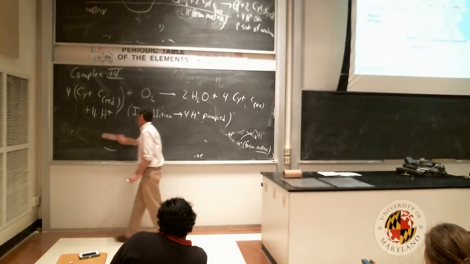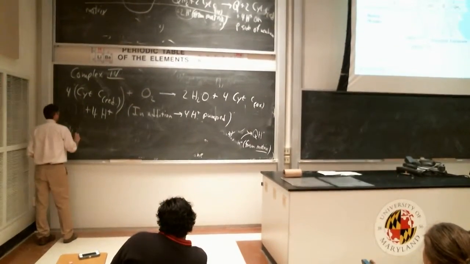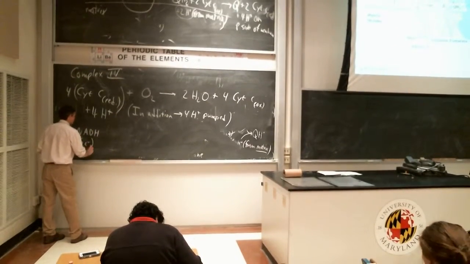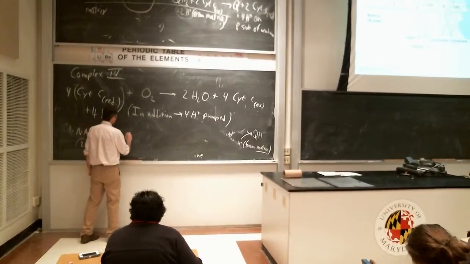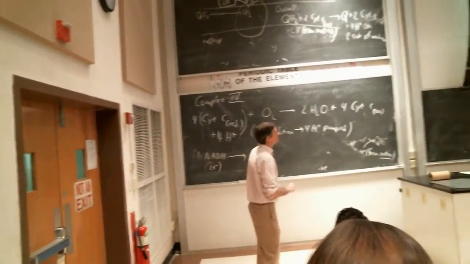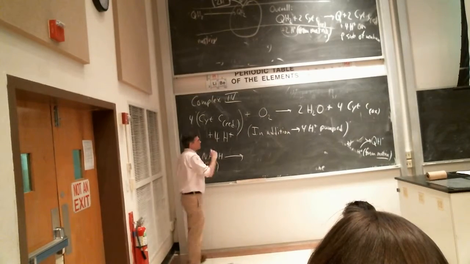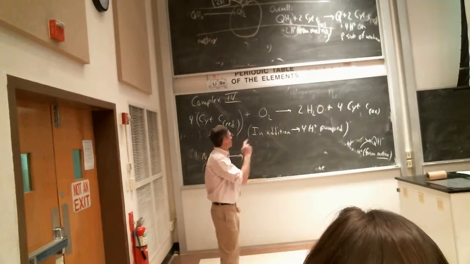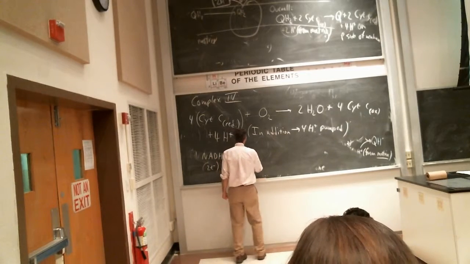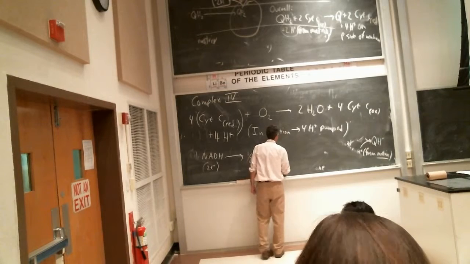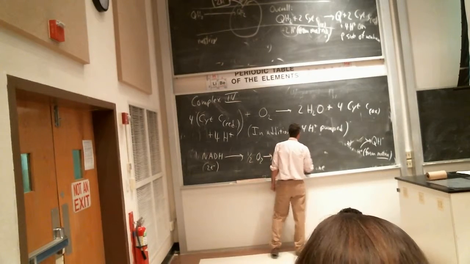If you want to do it from the standpoint of 1 NADH, which has 2 electrons, that's enough for half a mole of oxygen to make 1 mole of water, and 2 protons are pumped.